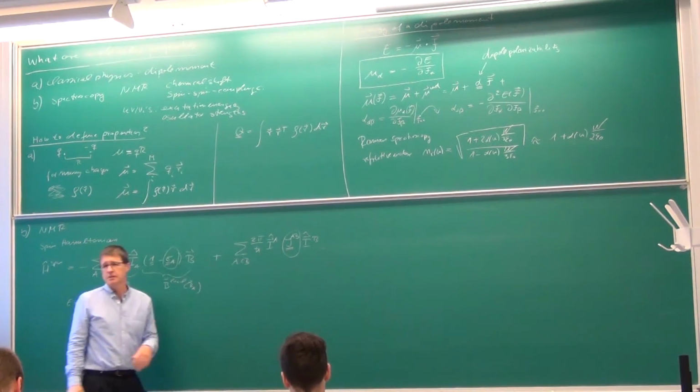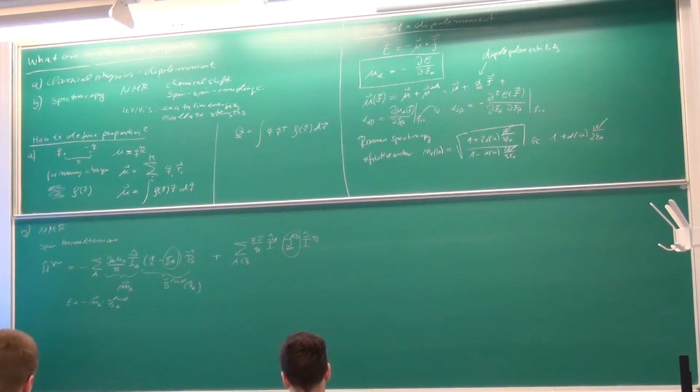spin-spin coupling constant tensor. For the NMR spectroscopist, these are just parameters they fit. Because what they do, this is the Hamiltonian, so they know what kind of spins they have in their molecule, so they can set up a basis set of spin functions for describing that.